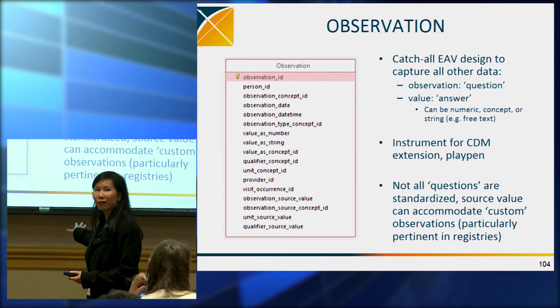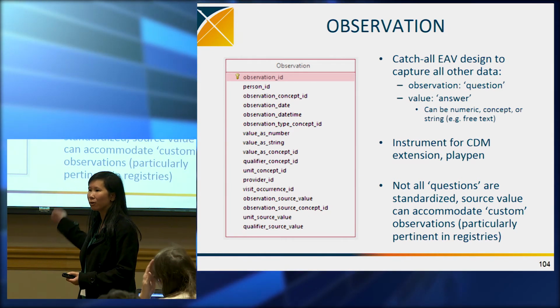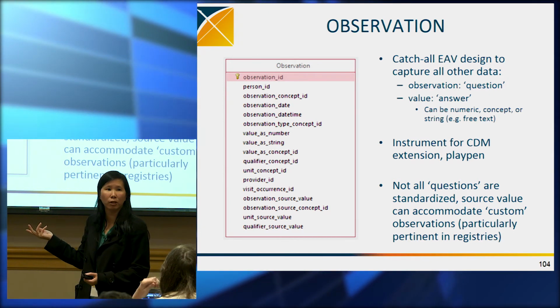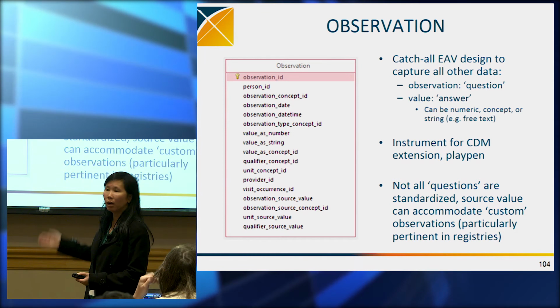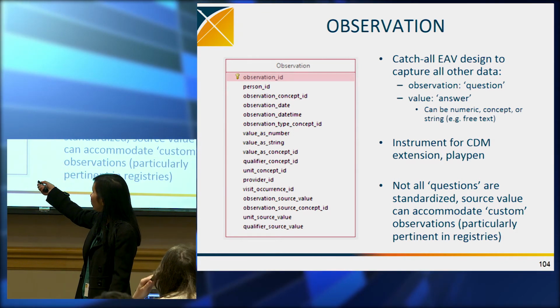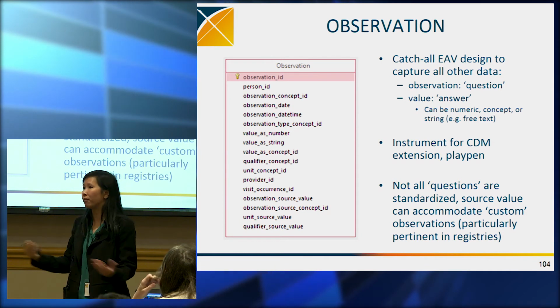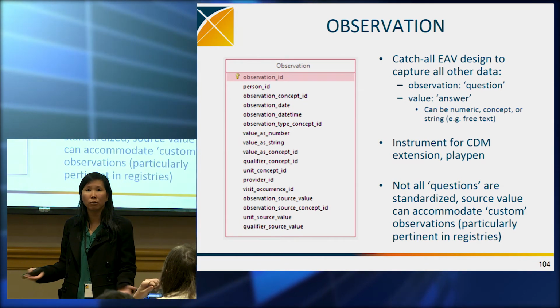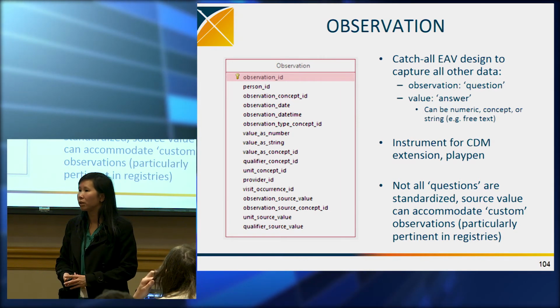But if you have other things like smoking status, or surveys, where someone answered a question, yes or no, you can put it in here. Like Rimma said, there is a value as a string because we don't believe that we can map everything, because not everything you can think of is mappable out there. So we do allow you to store things in here as value as a string.